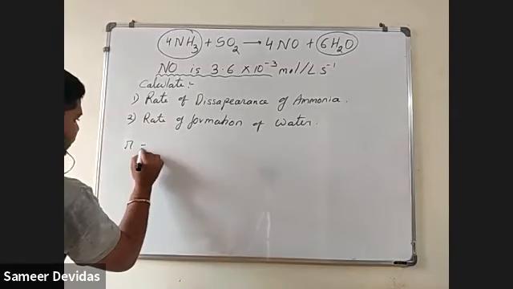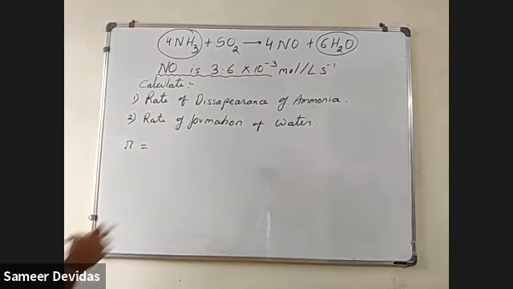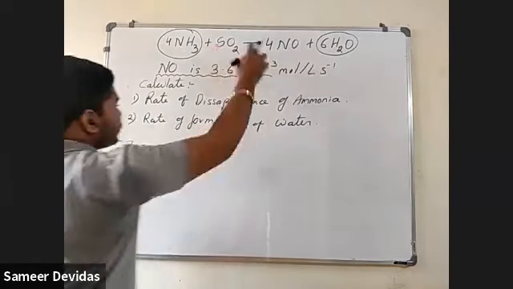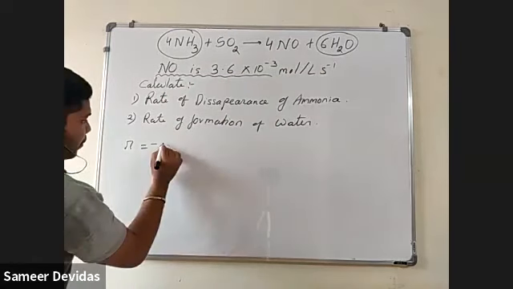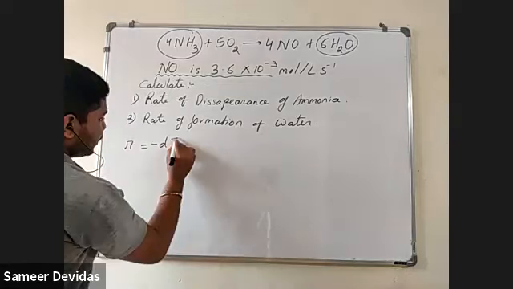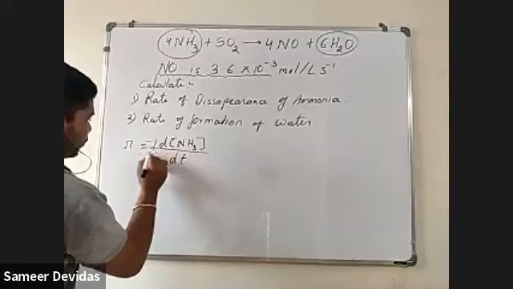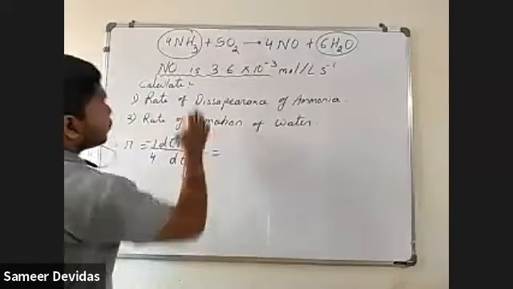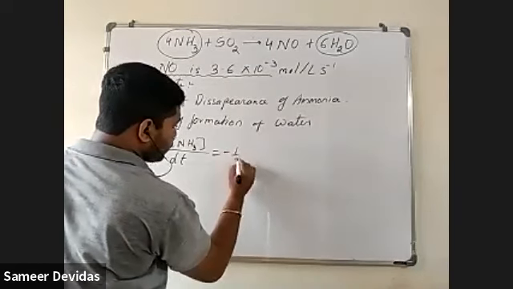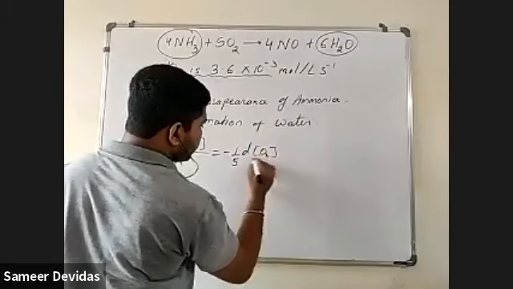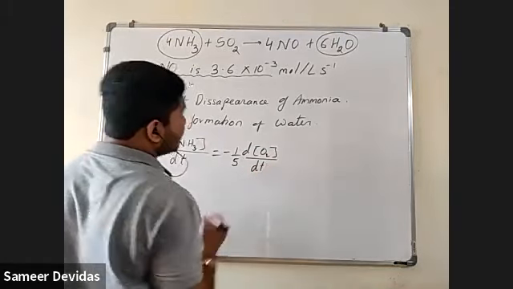So while writing the instantaneous rate for the entire reaction, you write: minus 1 upon 4 d[NH3] upon dt is equal to minus 1 upon 5 d[O2] upon dt.